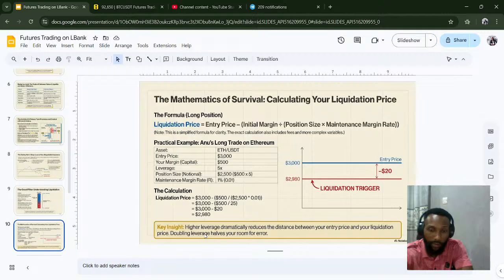As you go to higher leverage, your chances of liquidation become so high. So be careful out there when you're dealing with your leverage. Doubling leverage halves your room for error. So let's go to the next thing.